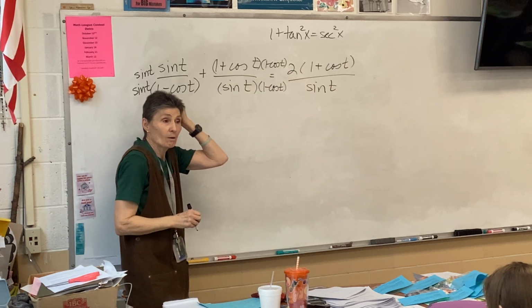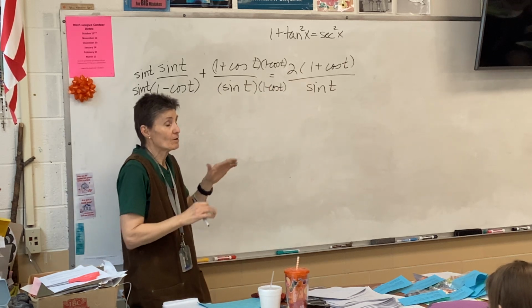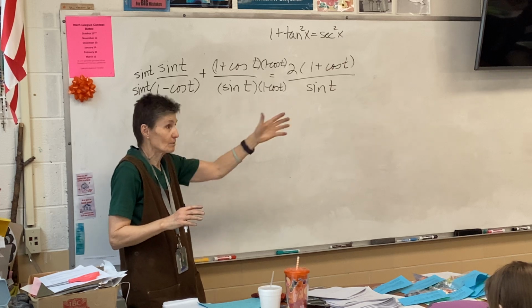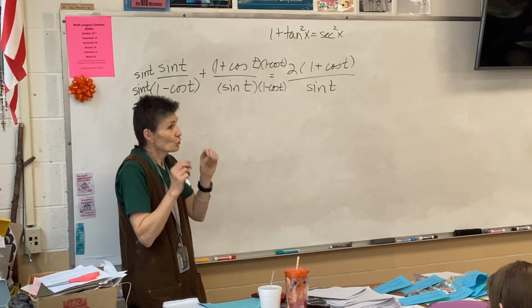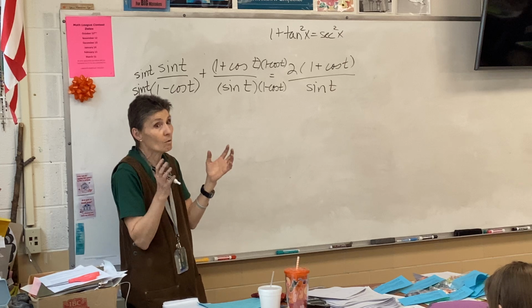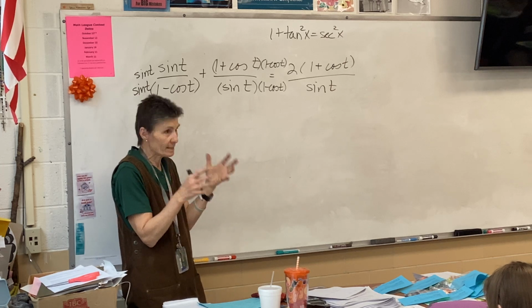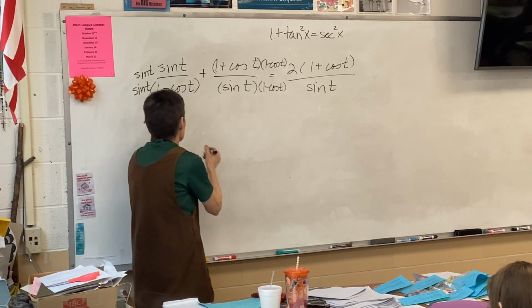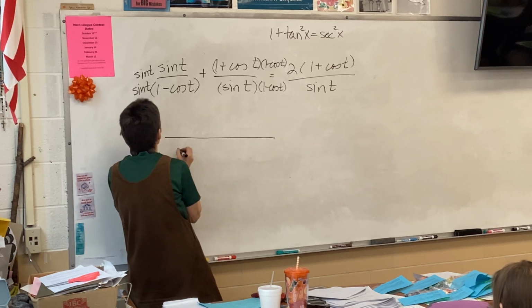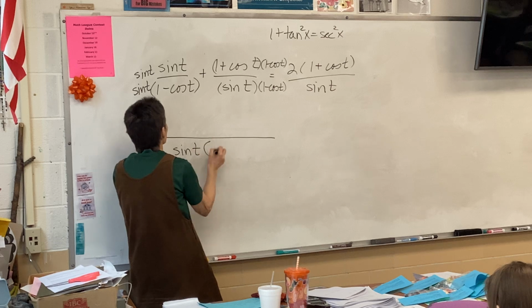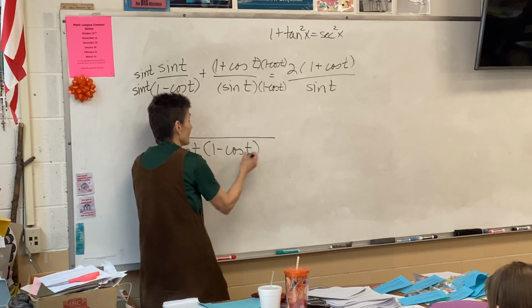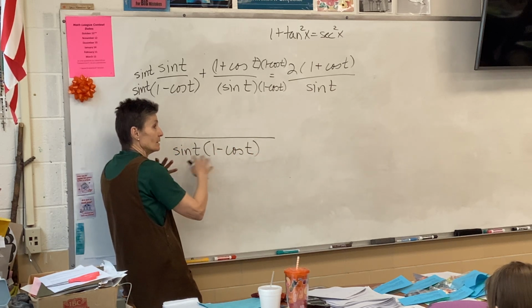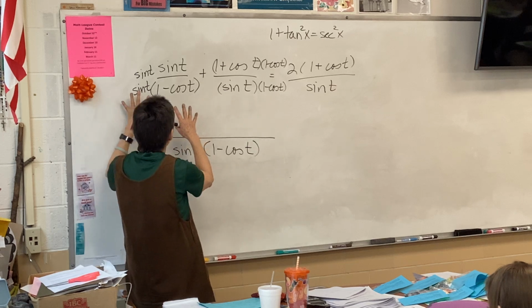I know this is hard, and I know you've never done it before other than the other day, but you should be able to recognize, oh, I'm adding fractions, I need a common denominator. That's not a stretch. So what is my denominator then? Sine and 1 minus cosine. I'm just going to leave it like that. That's my common denominator.